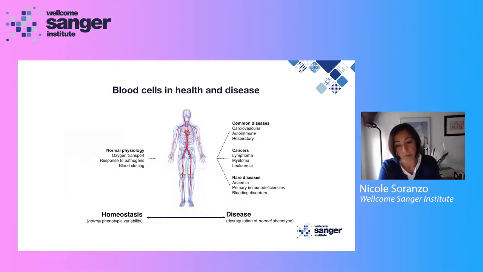of these examples. So the main question that we really wanted to address is this dual function of blood cells, both in normal physiology, where, as I said, their counts are really controlled in tight ranges under normal homeostasis. And on the other side, the potential role of these associations also in dysregulated diseases, such as common diseases, rare diseases, and even cancers.